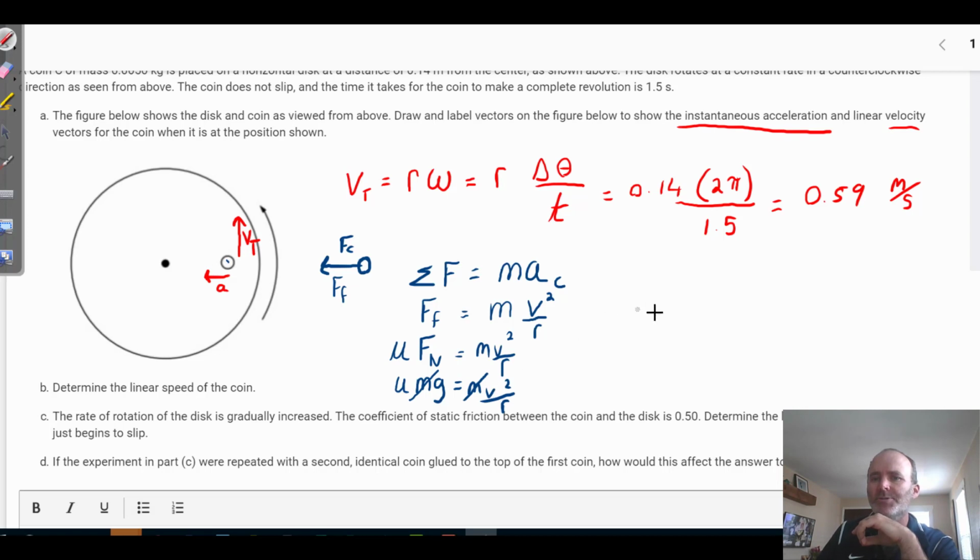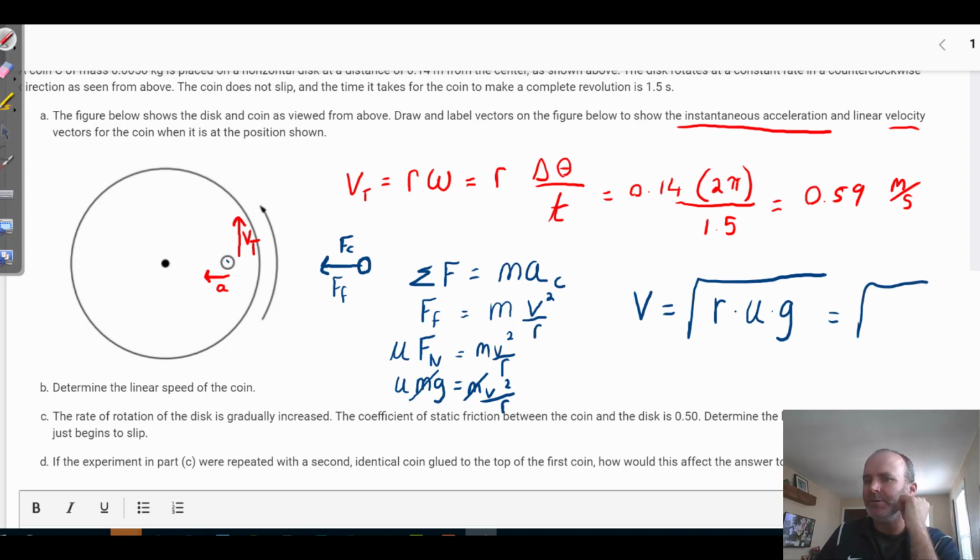So if I do a little algebra here, let's multiply by r on both sides. So that would be r times mu times g equals v squared. I want to get the v by itself, so I'm going to take the square root of that. So now I can plug all that in.